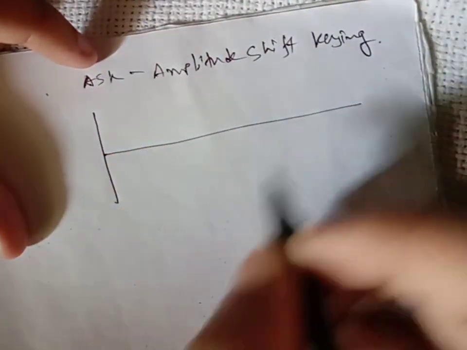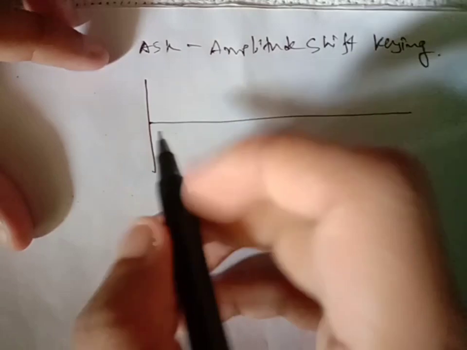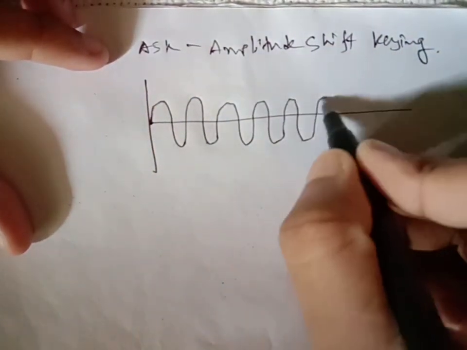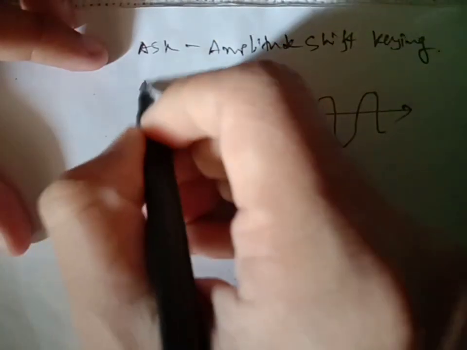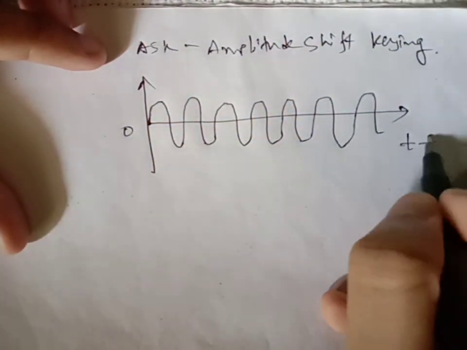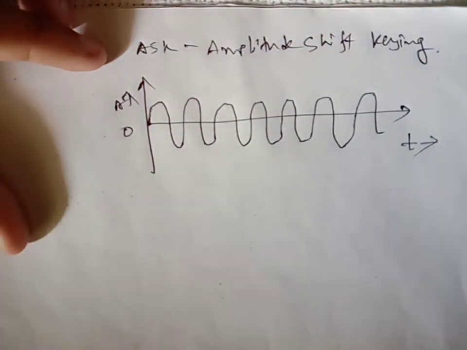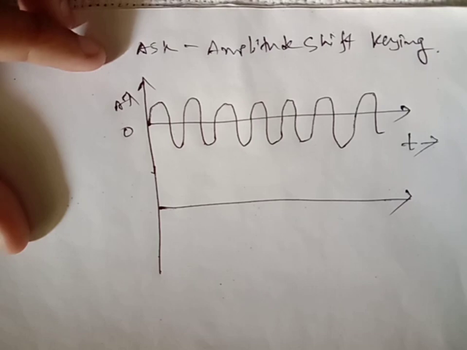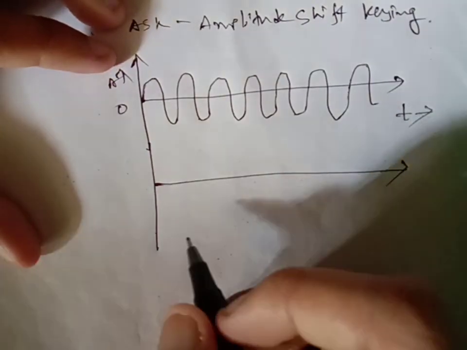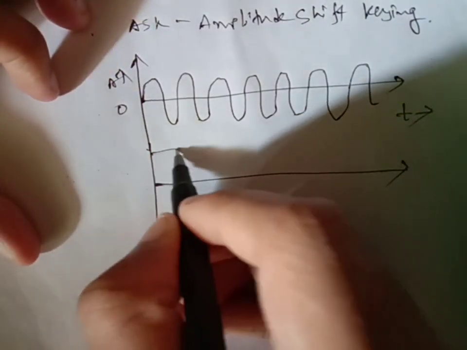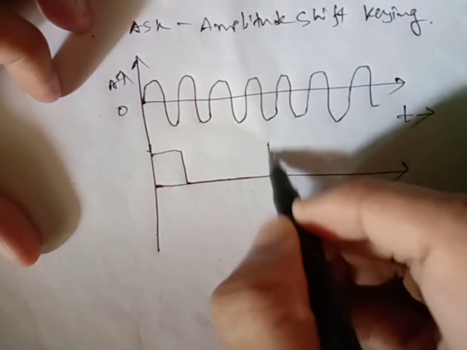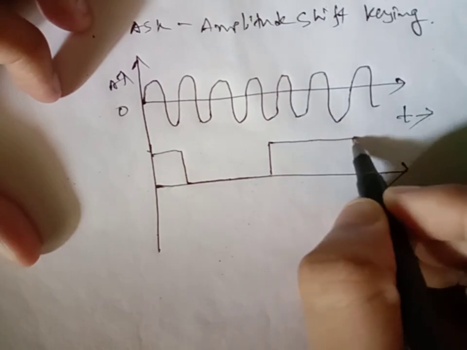So let us take a sinusoidal signal which is being treated as the carrier. So like this. This is the time, this is the amplitude axis. Now let the input binary sequence be 1 0 0 1 1 0.